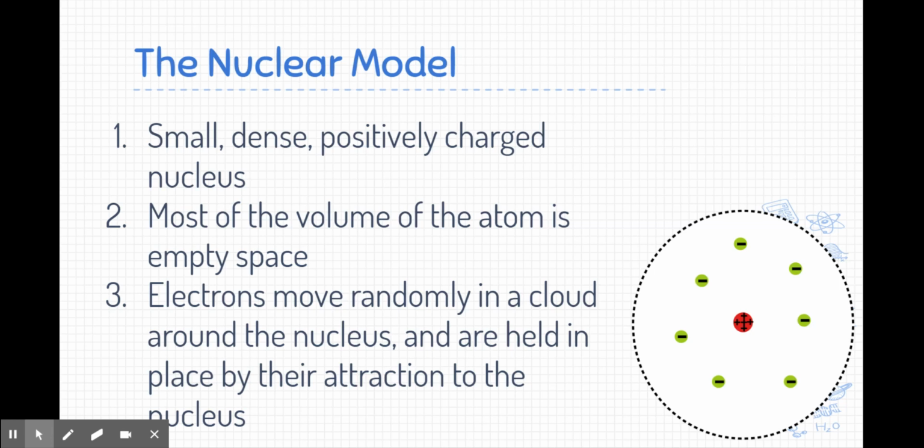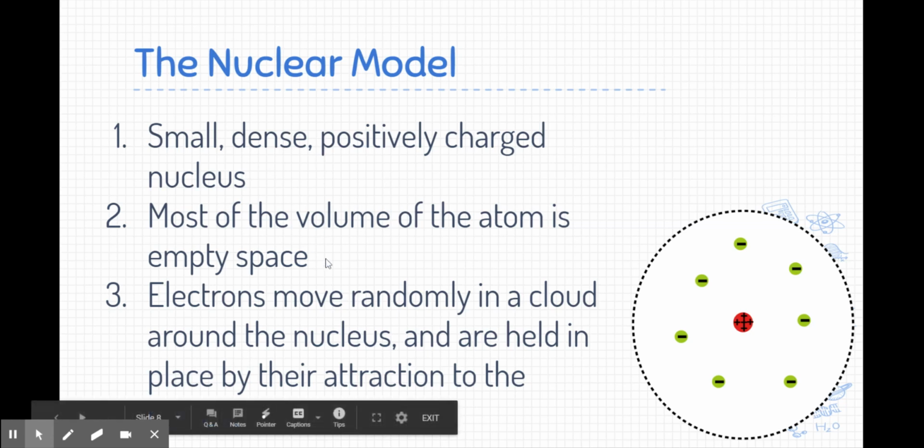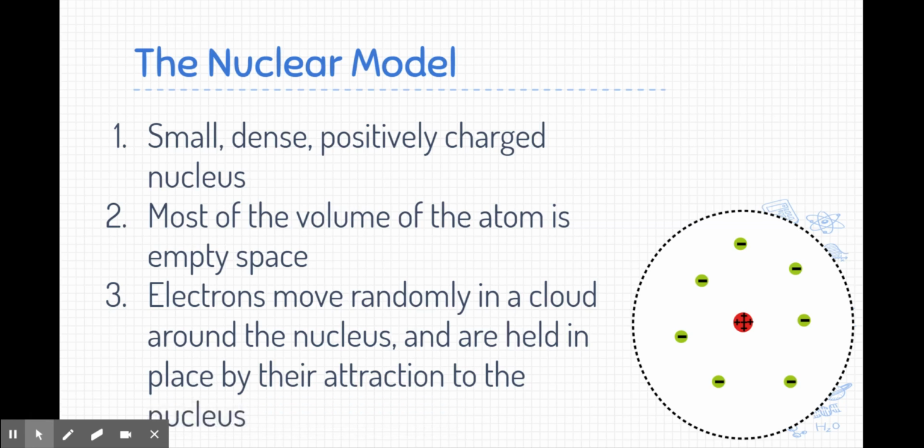One note about the relative sizes in our representations. It's helpful to remember that whenever you draw a picture on paper of the nuclear model or the Bohr-Rutherford model, the relative sizes of the atom, nucleus, and electron are not even close to being correct. I think this key point here is the most interesting. Number 2, most of the volume is empty space.